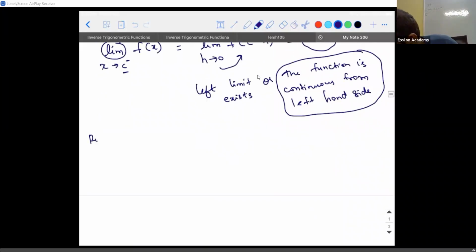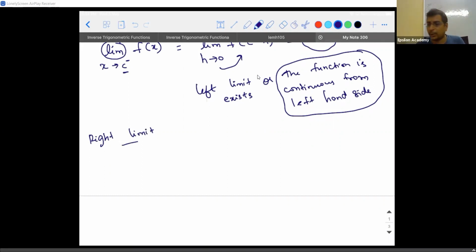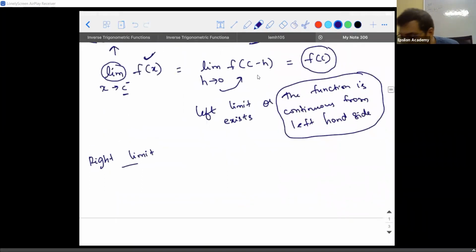Similarly, if I talk about right limit, then how should I write it? You guys do a small replacement and tell me. Limit x tends to, what should I write in the place of c? This is actually right limit at c. Correct. Don't put a plus beside it, put a plus on the top like a power. C plus.